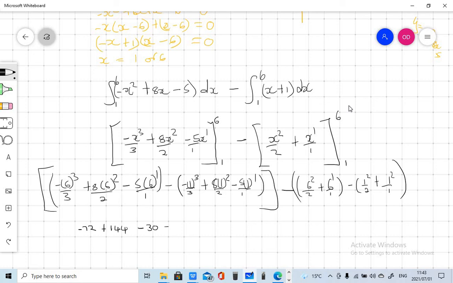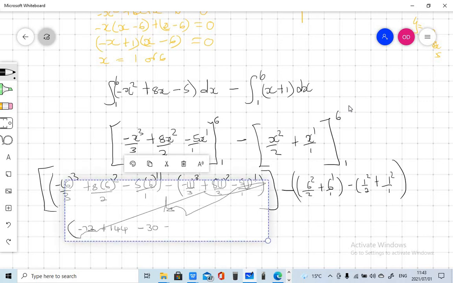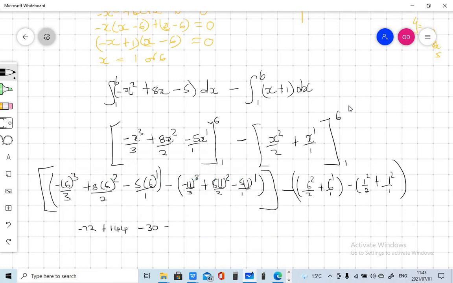And then all these are being subtracted: minus 1 over 3, and then 8 divided by 2 is 4, plus 4, and then minus 5.